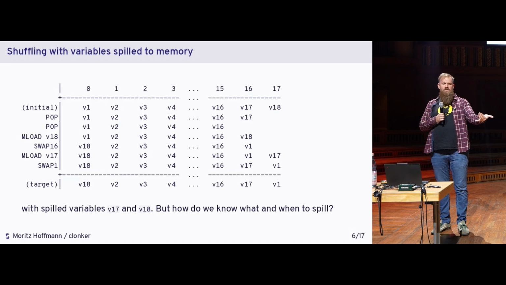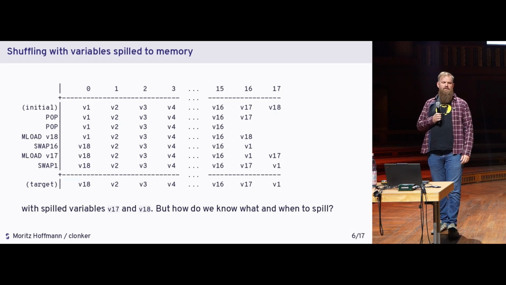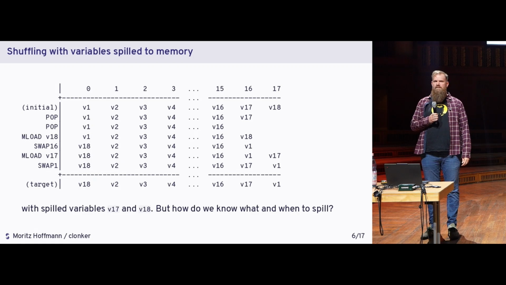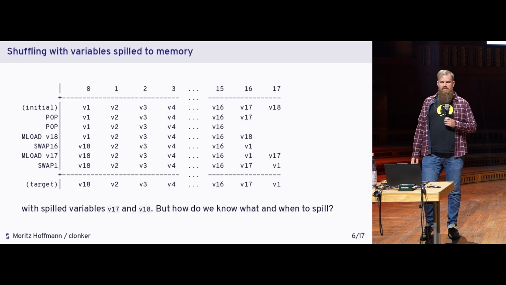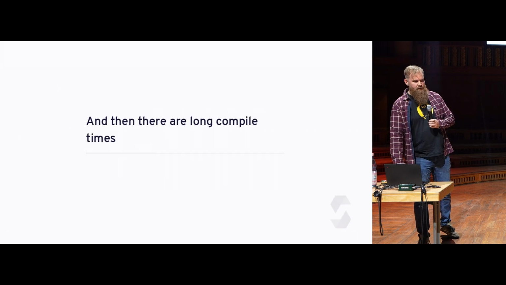And then through MLOADing V18 and V17 back onto the stack, we can achieve the shape that we need. So it's really as simple as that. This is provided that we know that we have to spill V17 and V18, but we also have to figure that out first of all, and then also where to put it. And that's basically what it is about with the new backend.